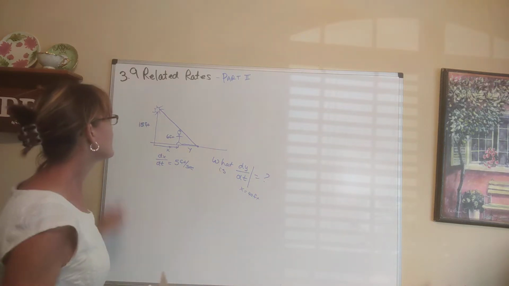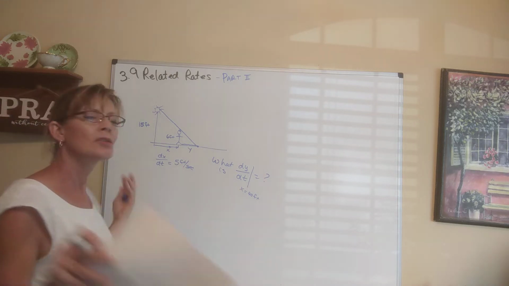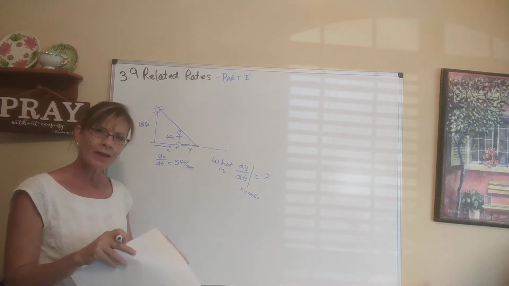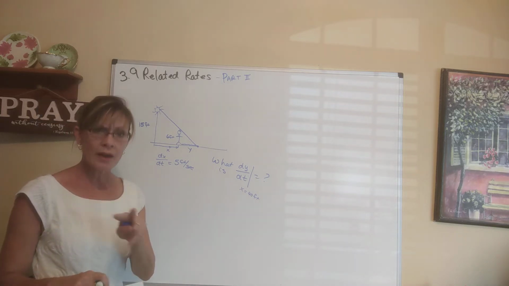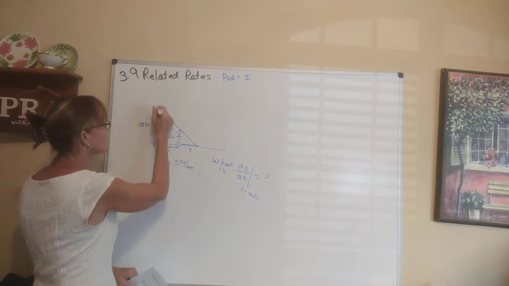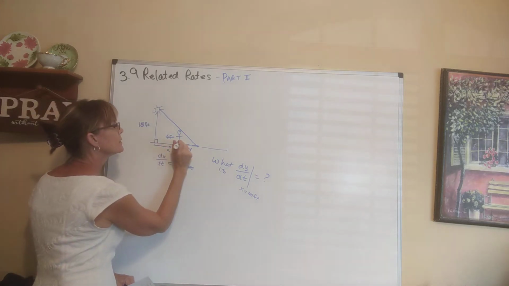Okay, so we have to do a little bit of thinking about this. What could we do to get an equation that will relate both of these quantities together? When I look at this, I see two right triangles. I see this one, and then if we think of the man, here's his right triangle.